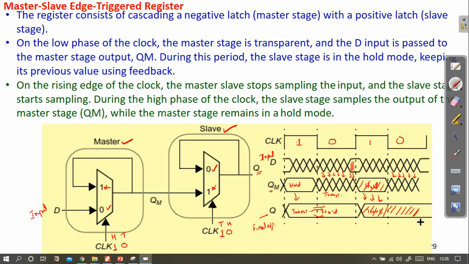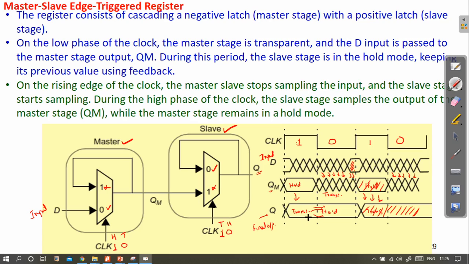Okay, so this is how the operation of this master slave register will take place. When we look at the clock signal, the data and the final output, what we can infer from here is that the output Q is changing when the clock signal is rising.